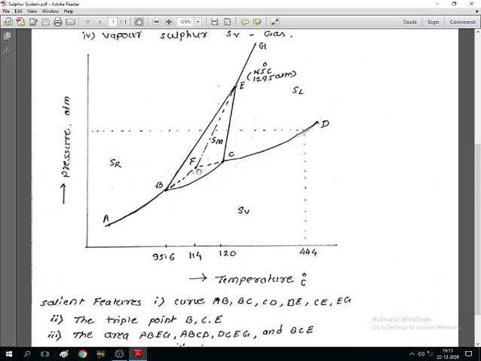If you change pressure or temperature, any one, then one of the phases disappears. Now the temperature corresponding to this metastable triple point F is 114 degree Celsius. Clear? Now this is about this metastable equilibrium.